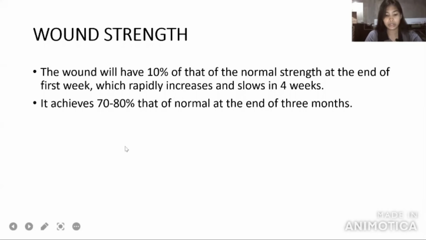The wound strength will be a maximum of 70 to 80% that of normal at the end of the 3 months. So no one can achieve 100% of normal tissue or normal tensile strength. The maximum wound strength that can be achieved is 70 to 80%.